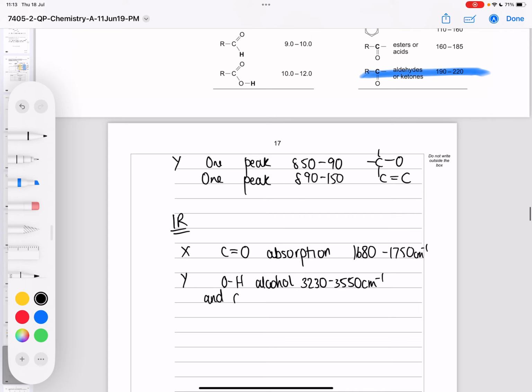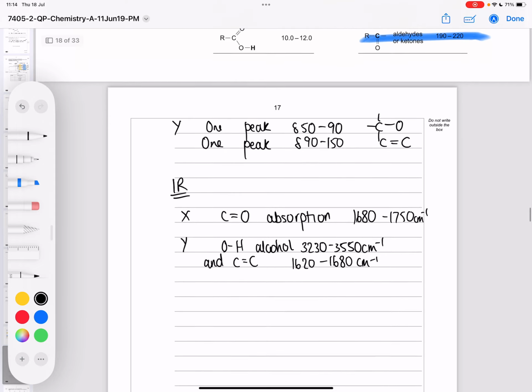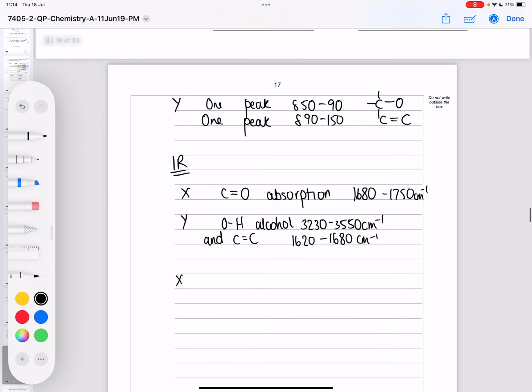And C double bond C, 1620 to 1680. Also, because it's infrared, X and Y would have unique fingerprint regions.